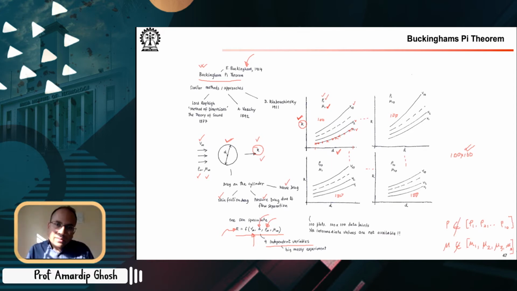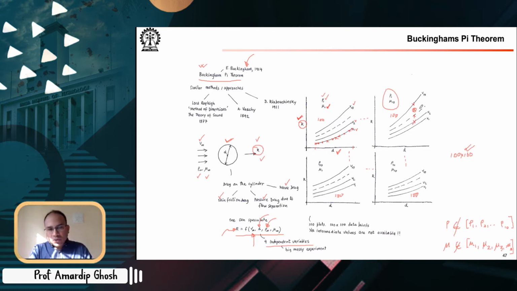Or rho and mu may match, but your velocities do not. Maybe I need to find drag for this rho 1 and mu, but my velocity is somewhere here. You can say, okay, I have this data, and this data, but we don't have this one.